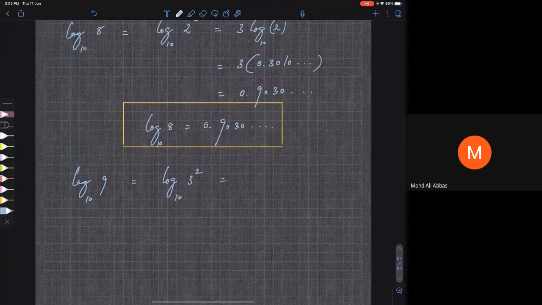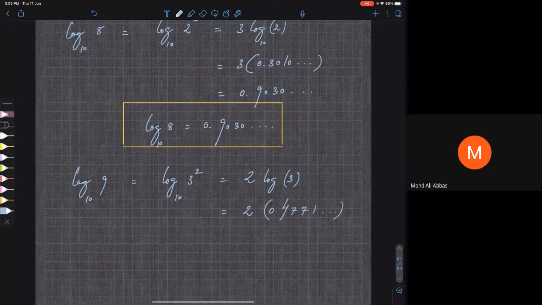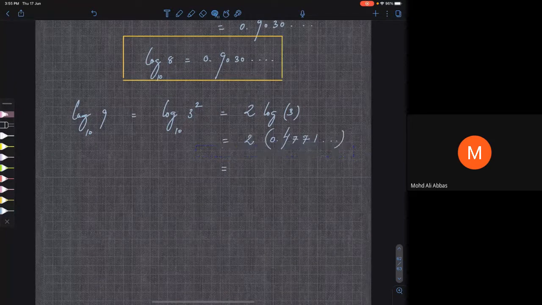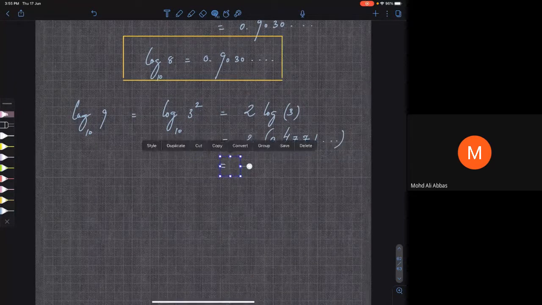So this can be written as 2 log 3. You know what log 3 is, right? 0.4771. So if you multiply this, you will get the value of log 9. Tell me what is it? How much?